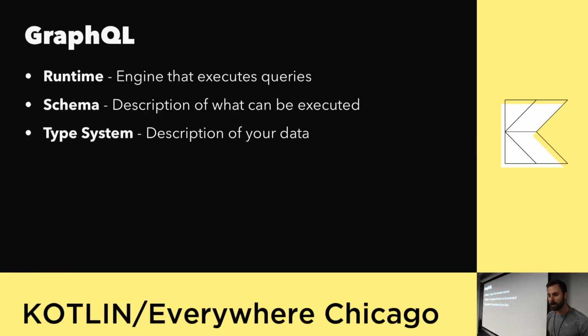And I like to divide the major parts of GraphQL into three distinct pieces, or three distinct components. First, GraphQL is a runtime. There is an engine that parses and executes your queries in a standard way, which is part of what's in the spec. You also have the schema, and the schema is basically you describing to the runtime what can be executed.